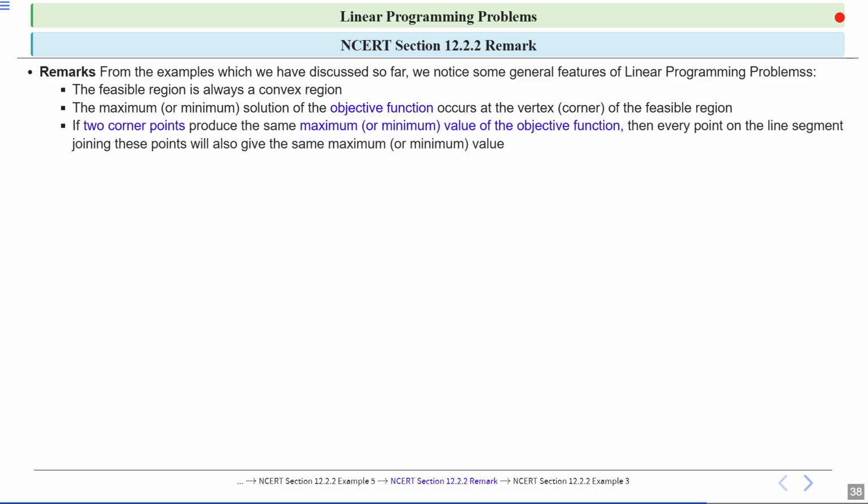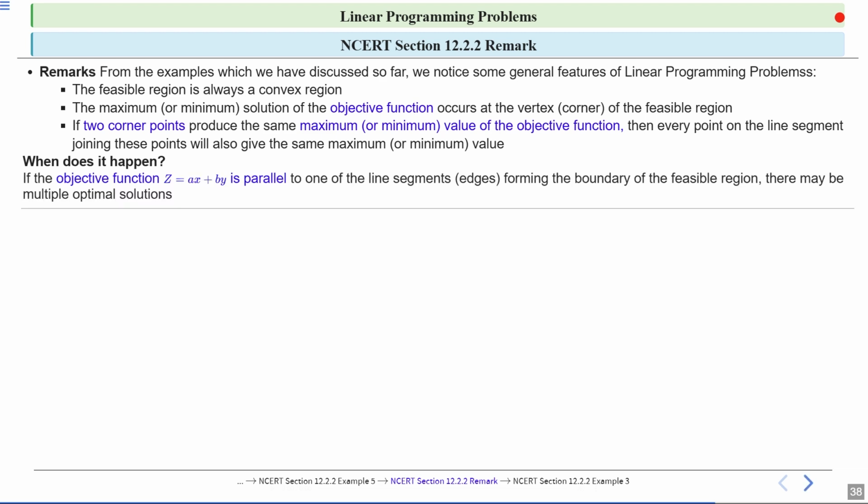So if two corner points produce the same maximum or minimum value of the objective function, then every point on the line segment joining these points will also give the same maximum or minimum value. So now what happens? If the objective function z equals ax plus by is parallel to the feasible region edge, then multiple points along that edge yield the same z value, leading to infinitely many optimal solutions.